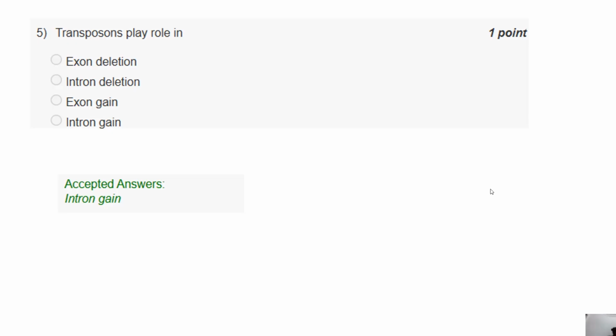So we'll move to the next question for today. Histone unique to bar body, and these are the four options.